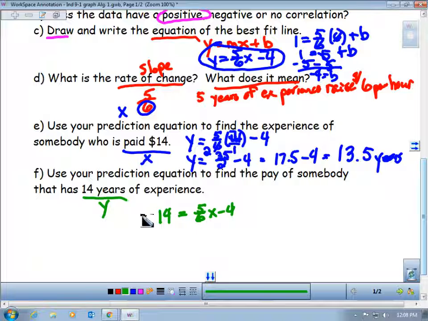And now I've got to solve this for X. You guys might want to just multiply everything by 6 to get rid of that ugly fraction. That's fine. So it's 84 equals, 6's cancel out here, 5x minus 24. So you're going to add 24 to both sides.